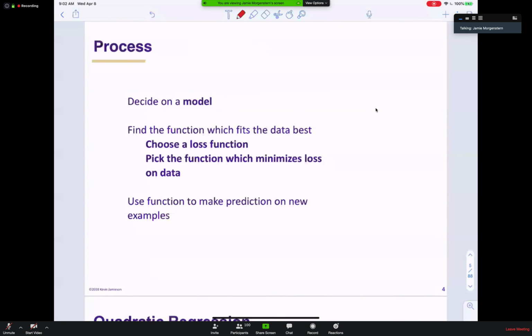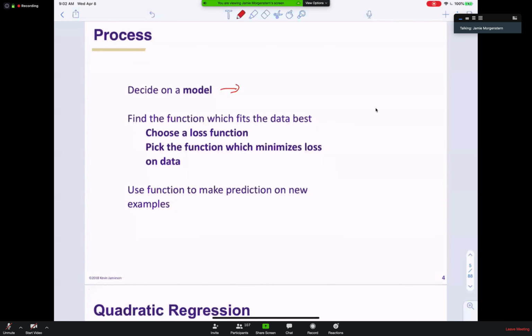So as we talked about before, the recipe that we generally want to use when thinking about our entire machine learning pipeline from data to making predictions: first we want to decide on a model. In the case of linear regression, we were thinking about linear models. This is the primary thing we're going to think about changing today.